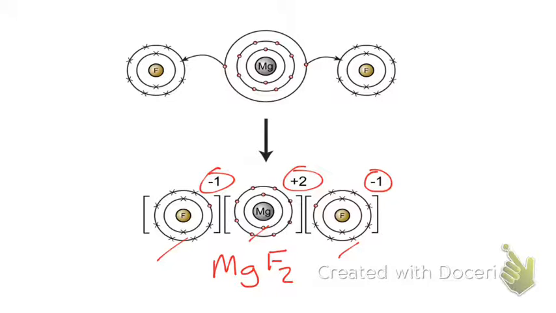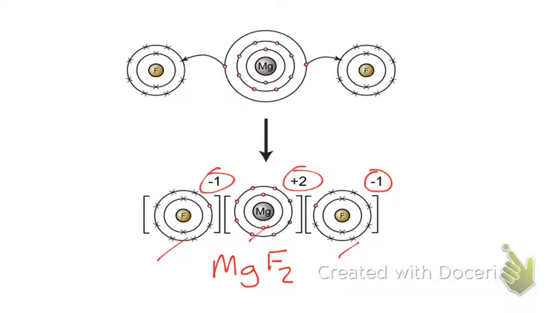Alright? And it's very important that when an ionic bond does form, like in this situation, the ionic charges do cancel out. In other words, we have the same number of positive and negative charge. So the overall bond between the ions is neutral overall.